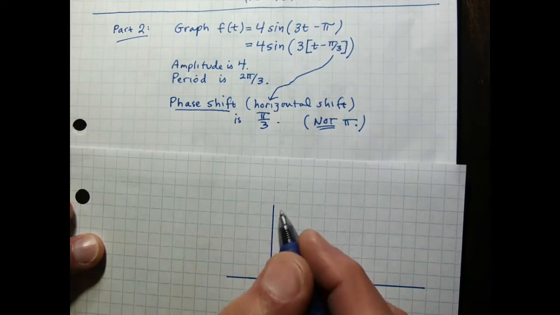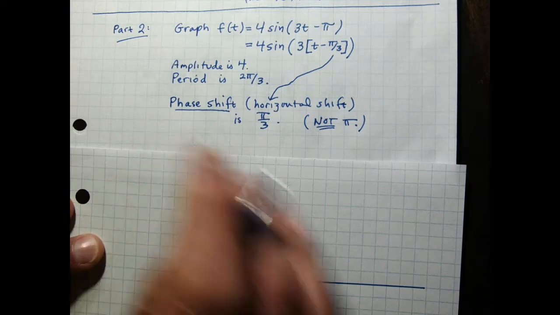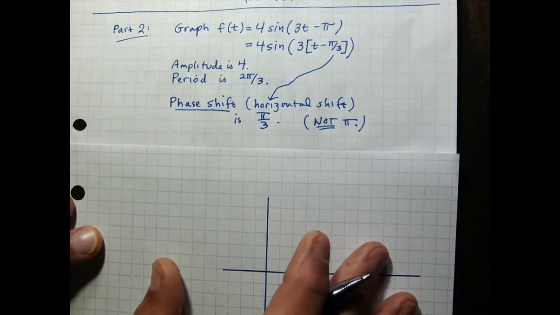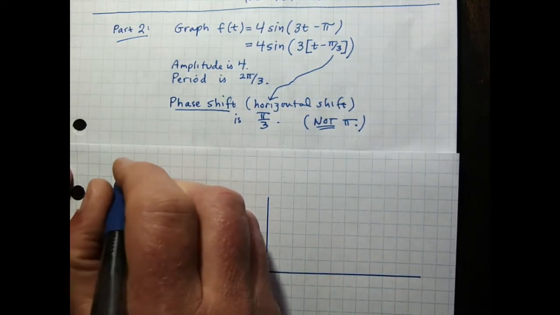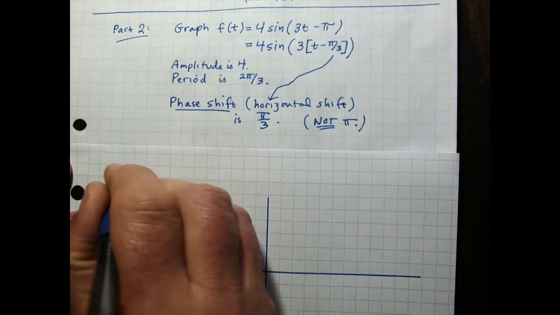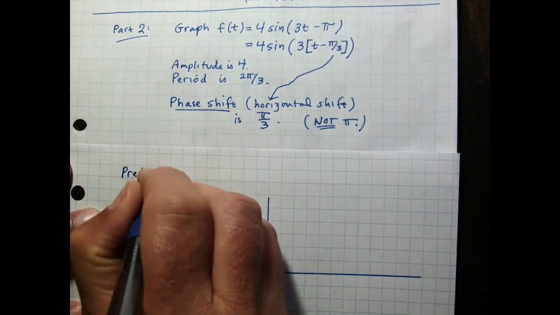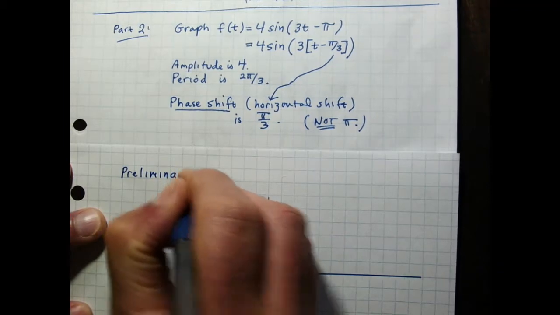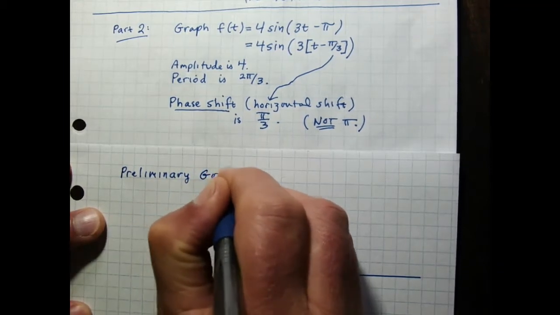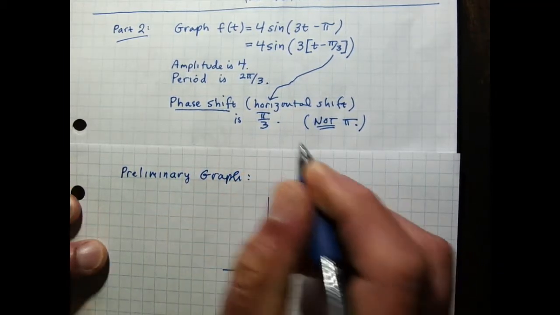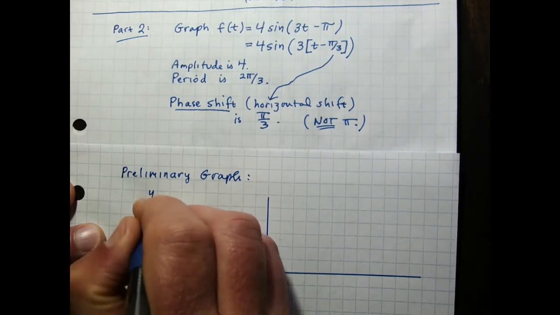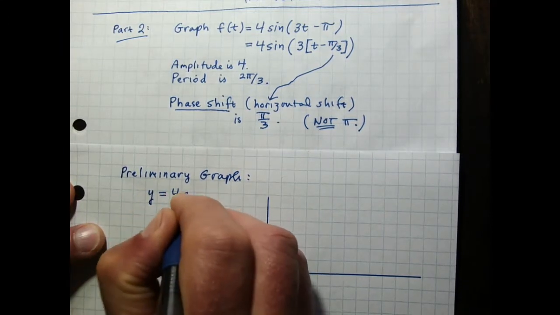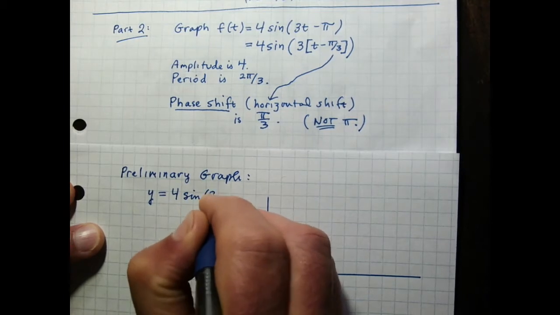Now, one technique you can use as you put all these details together is to first draw a preliminary graph. And I like to do this a lot. I'm going to draw a preliminary graph of just y equals 4 sine 3t.